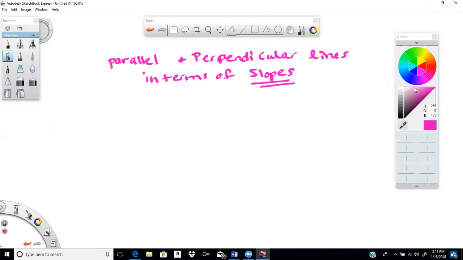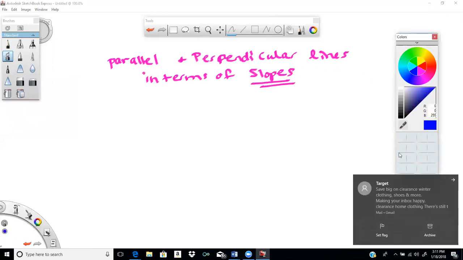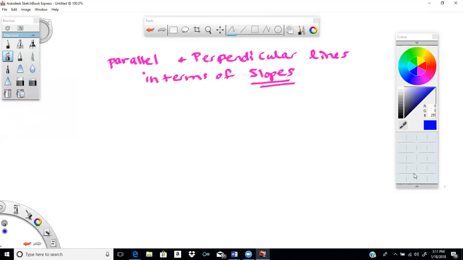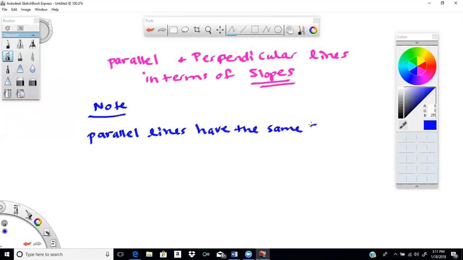All right, so note the following. Parallel lines have the same slope, because they go in the same direction. So this is just an example.